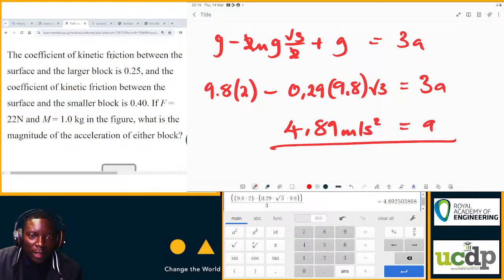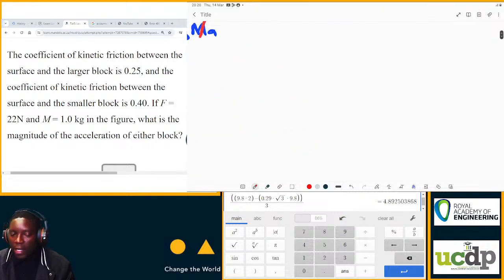Okay, we shall proceed to our next question. The coefficient of kinetic friction between the surface and the larger block is 0.25.